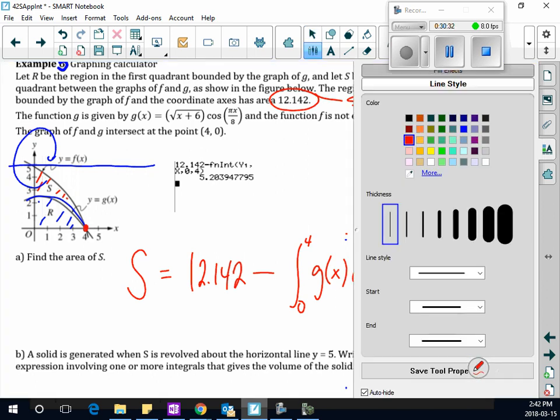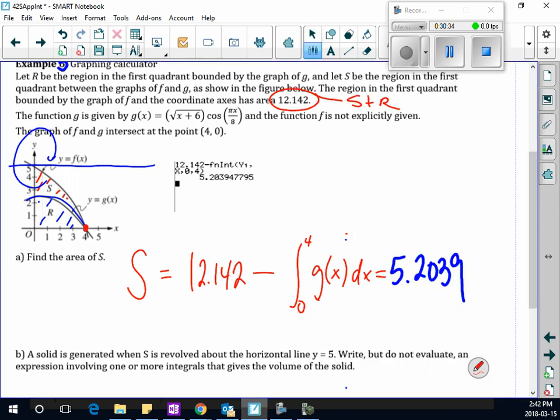So if I'm rotating this around here, what is my outer radius and inner radius? That's my outer radius and that's my inner radius.